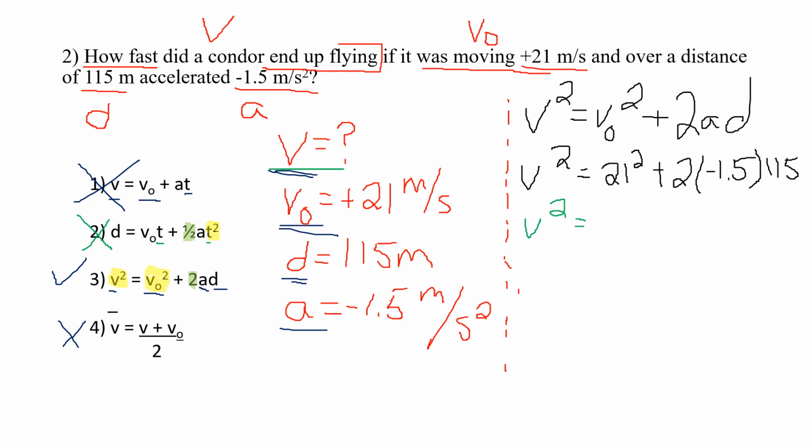V squared equals 21 squared, I believe, is 441, if I remember correctly. 441 plus, I'm just going to multiply these 3 numbers. 2 times negative 1.5 times 115, just multiply straight across, is negative 345. All right, good.